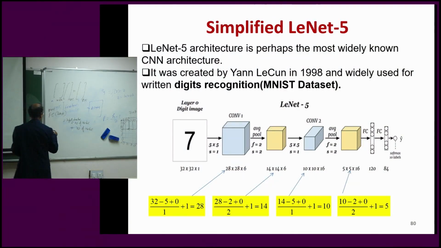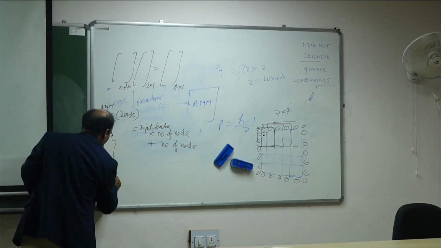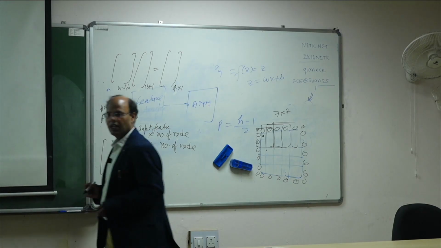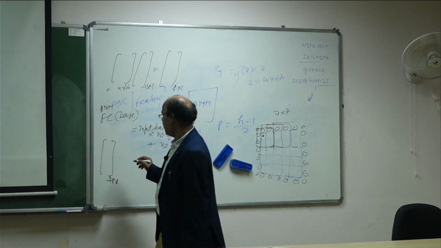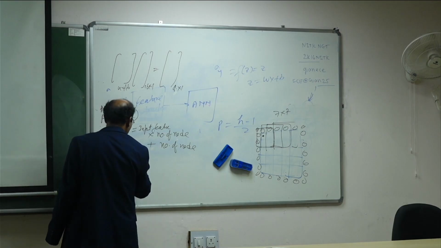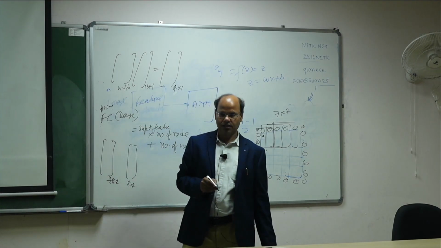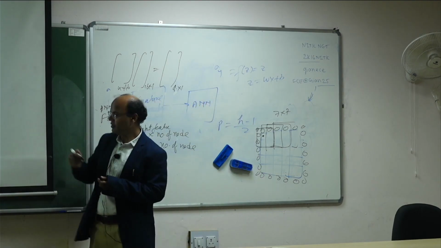So let's say you have this column vector coming in, let's say 784 inputs, and this layer has 84 nodes, and here the bias also will be there.